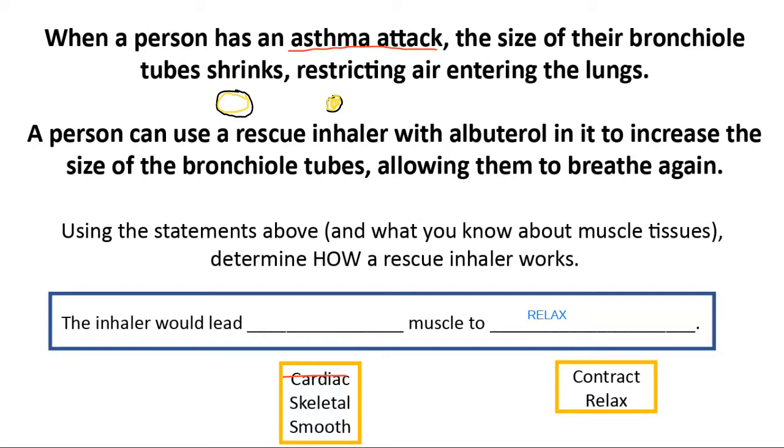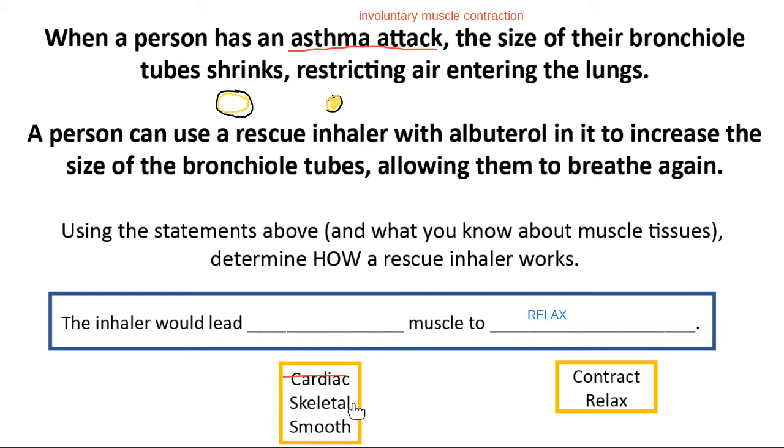When someone has an asthma attack, this is involuntary muscle contraction. If it was voluntary, they'd be able to breathe all on their own, right? They could just decide to stop having an asthma attack. But in an asthma attack, they're not in control of the muscle contraction. So we're using albuterol to relax those muscles.